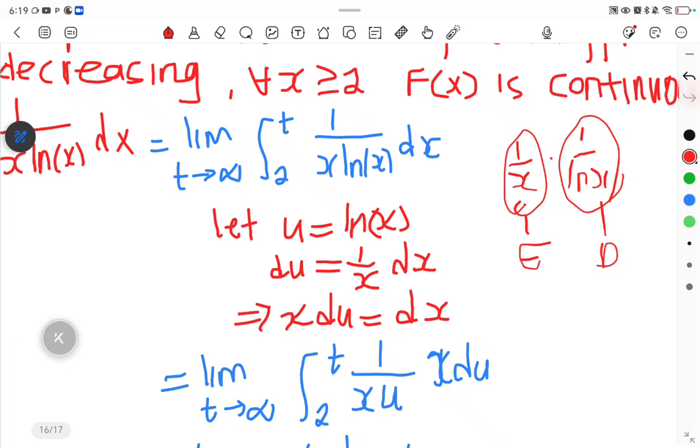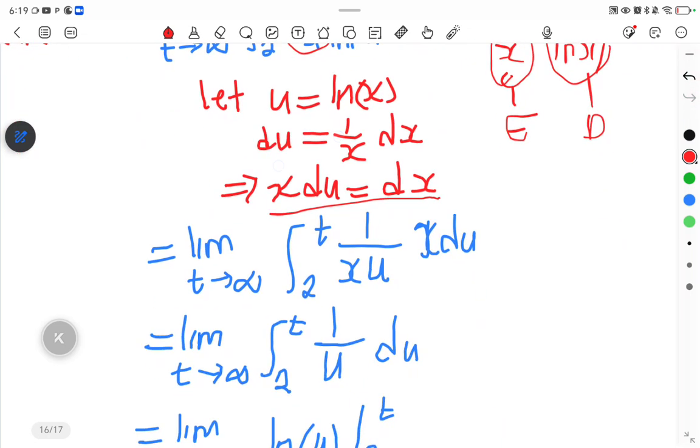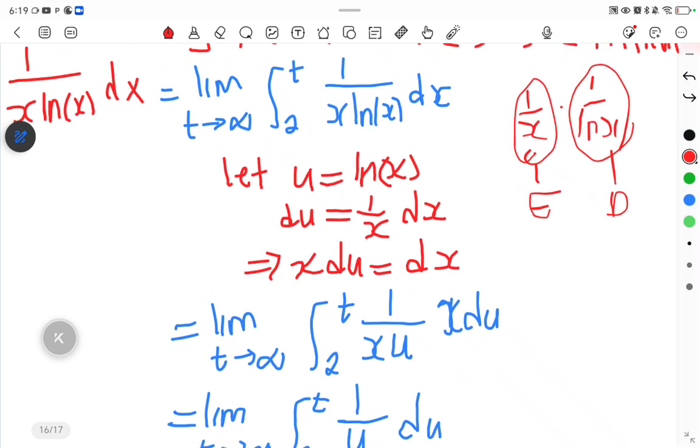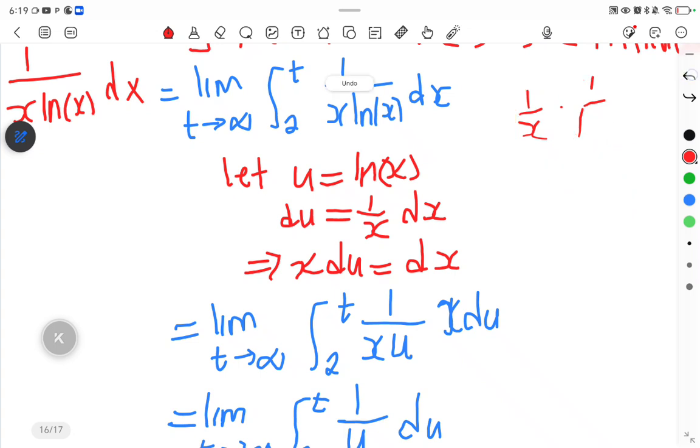After letting u be the difficult one to derive, you now ask yourself, will this function, after I derive it, be able to cancel this x? You see, it did cancel out from here. So after it cancelled out, it means that u substitution works. But if it didn't cancel out, I would go to integration by parts.